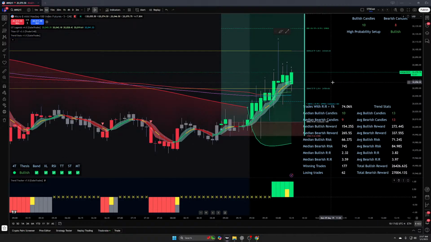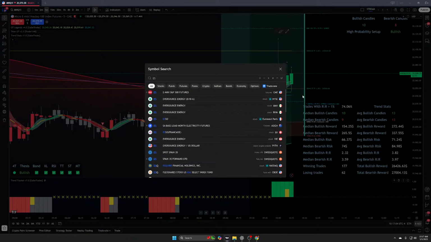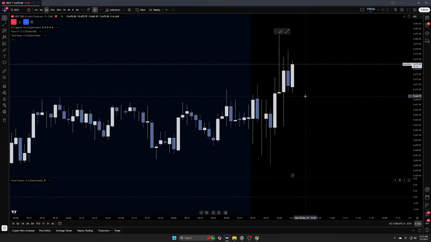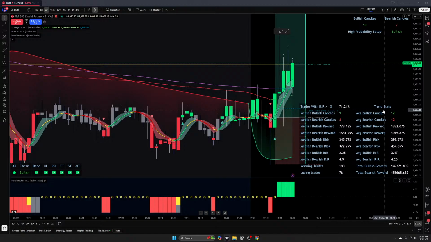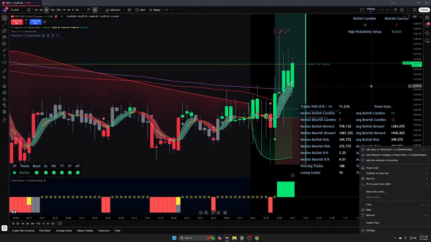That's 5 MNQ. Now, if we go to ES, we make slightly more money with just one contract. The ES is $149,000 one way and $155,000 the other way, bullish and bearish.